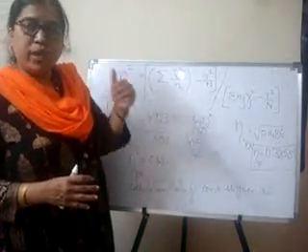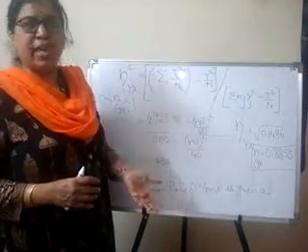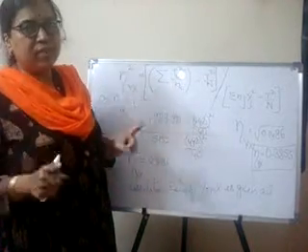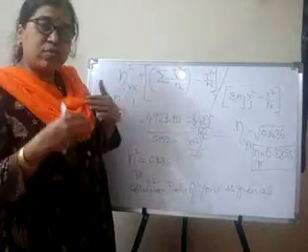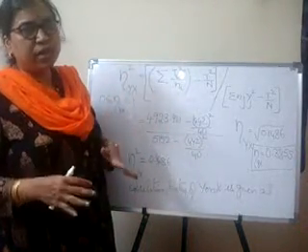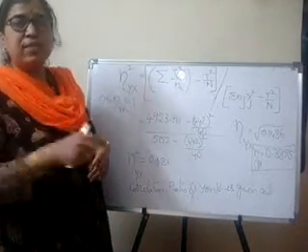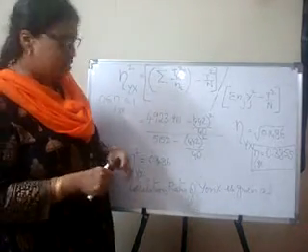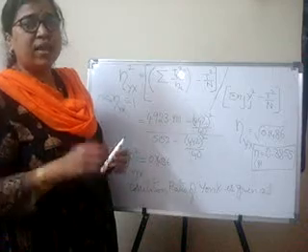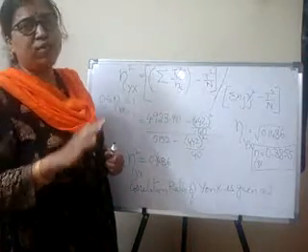One is correlation coefficient, the other one is correlation ratio. So both are different, and the methods to solve both the problems are different. If you are careful and practice the problem, whatever is being asked to you, then it will be easy and simple for you to solve it.